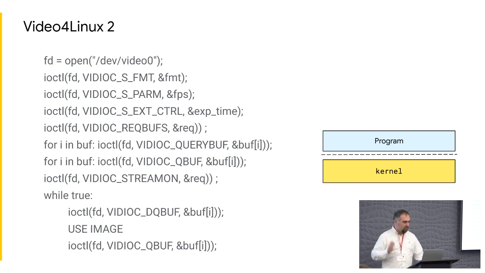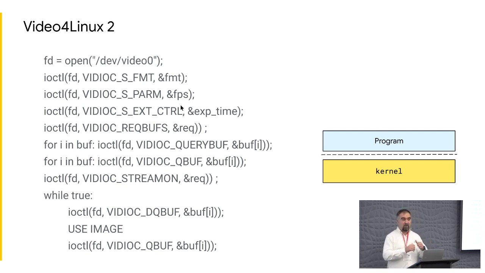It's a lot of code, but it's pretty simple. You open the device, it's just a file. You set the format. You say how big is the frame that you want. You set the params. That's how fast you want frames. I want frames at 20 frames per second, 30 frames per second. You configure it.